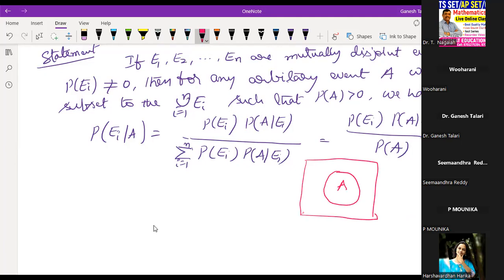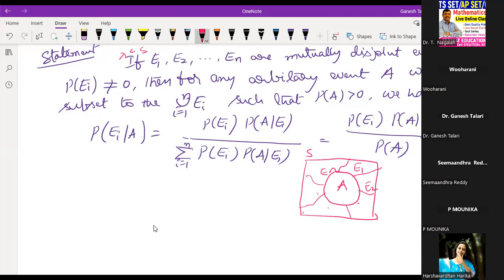E1, E2, and so on are mutually disjoint events which are subsets of the sample space. This is event 1, this is event 2, and so on, event n. They are n mutually disjoint events because they do not join each other. And A is a subset of the union of Ei.